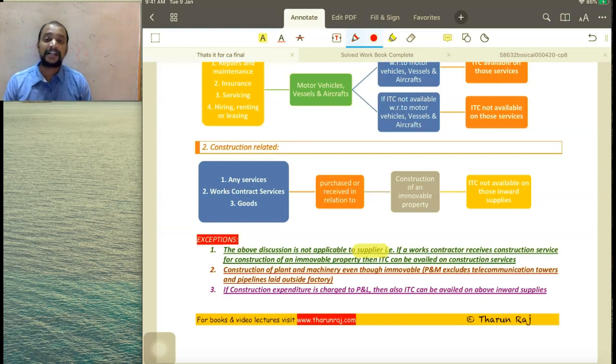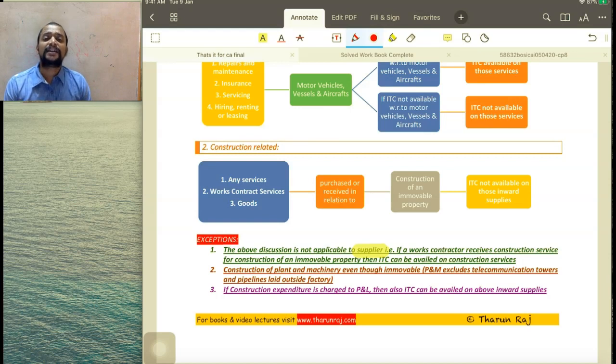That's the first exception. Second exception. Suppose that immovable property is plant and machinery. If that immovable property is plant and machinery, then with respect to that, can the GST paid be taken as ITC? Yes, even though it is immovable, but I can take ITC. Then third point here.